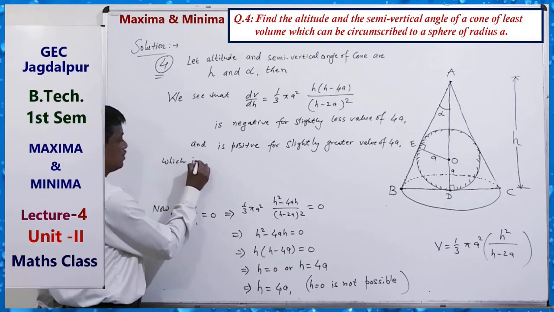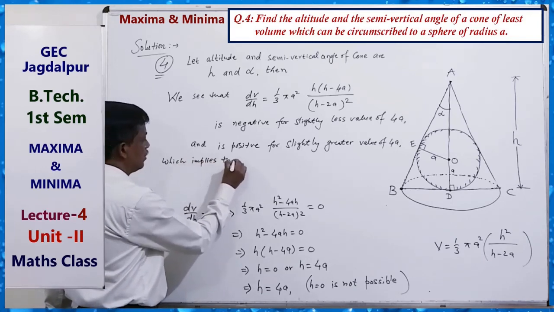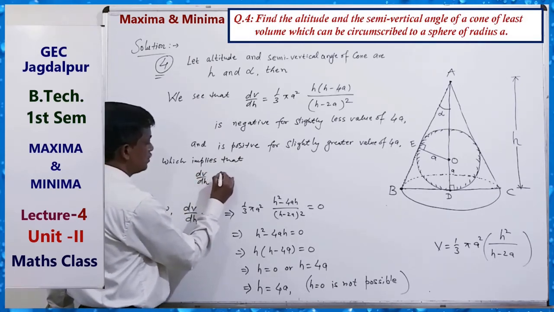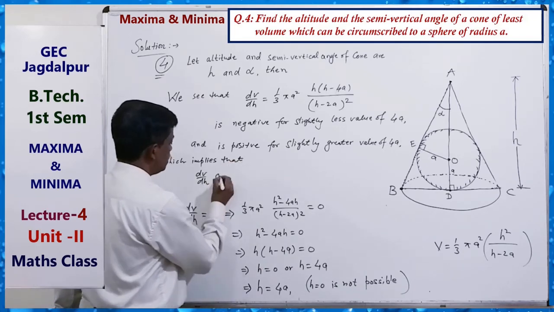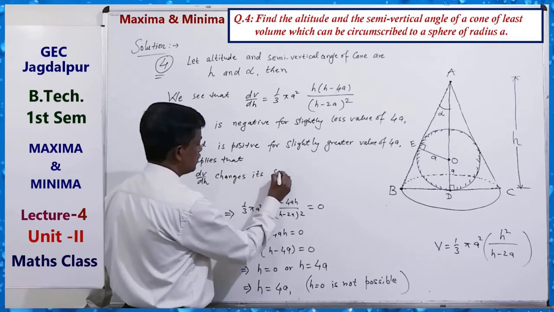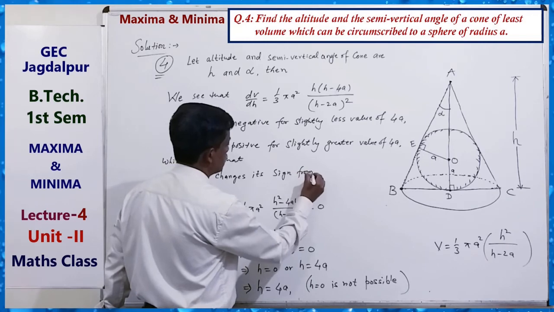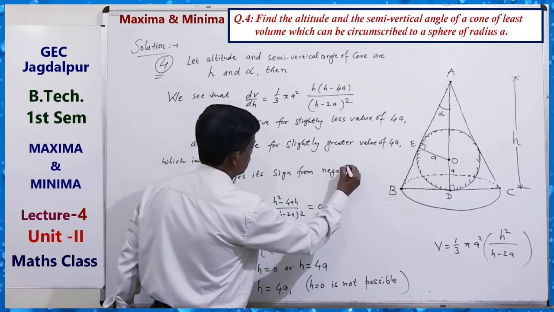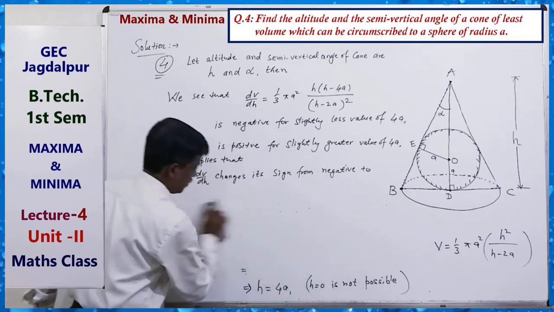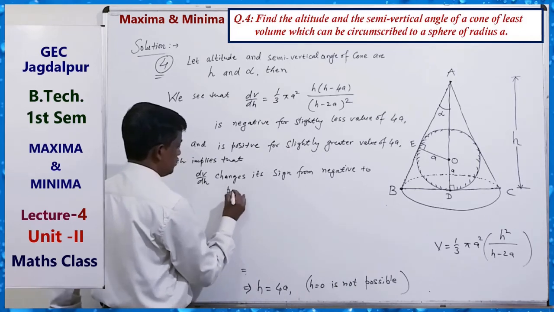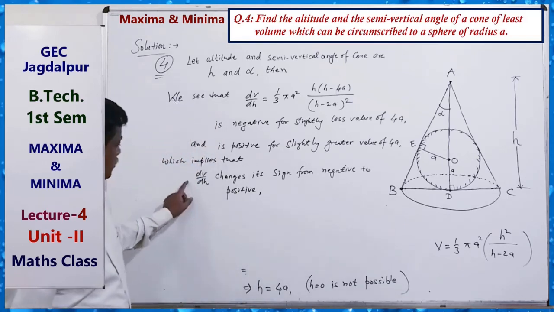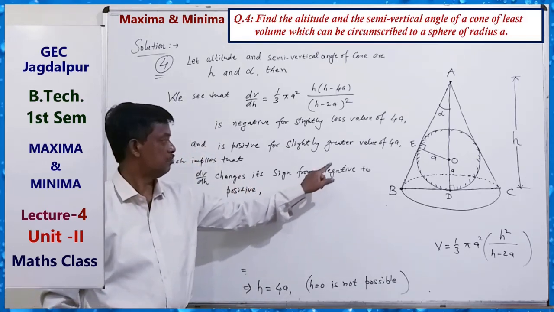Which implies that dv by dh changes its sign from negative to positive.